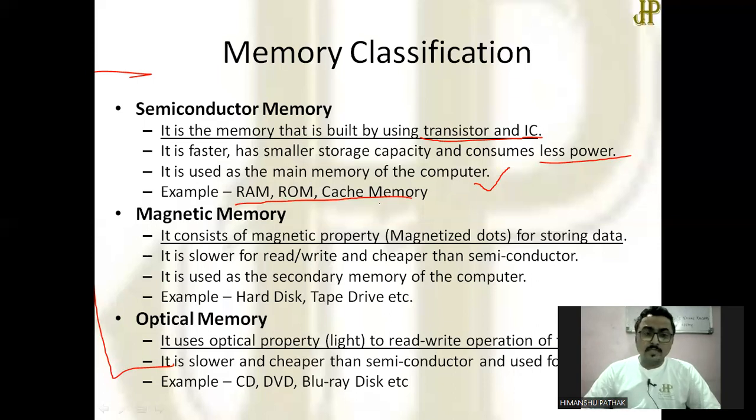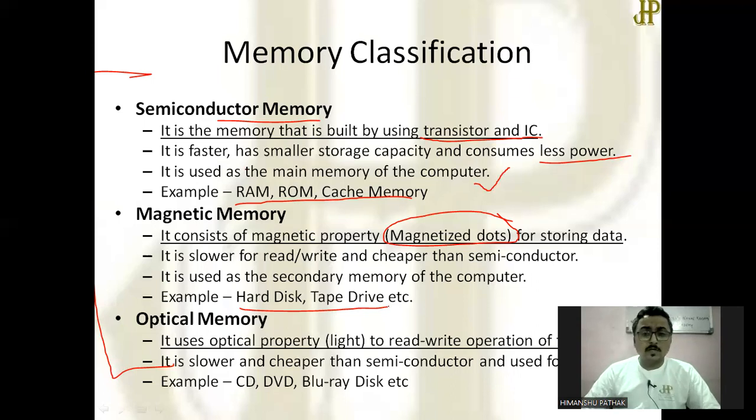Now, the next one is magnetic memory. As the name suggests, magnetized dots are used for storing our data. It is slower than the semiconductor memory. And this memory is used for secondary storage, such as hard disk, tape drive, etc. Why?